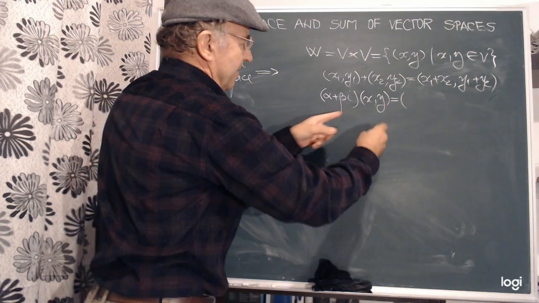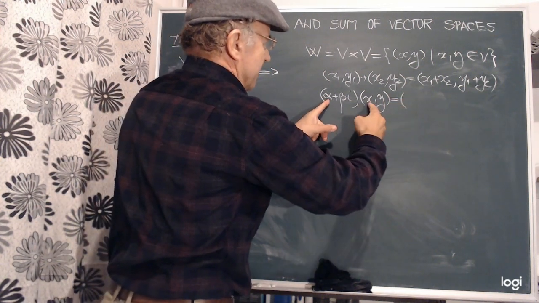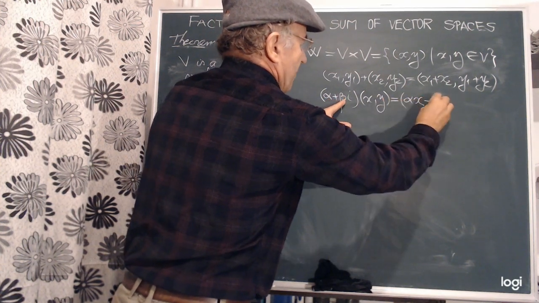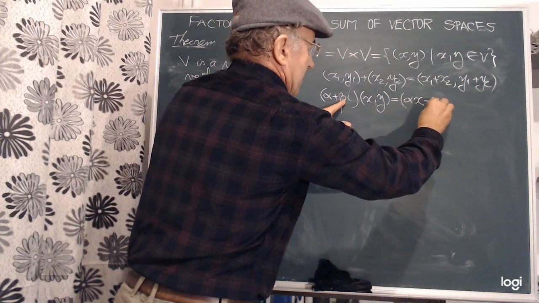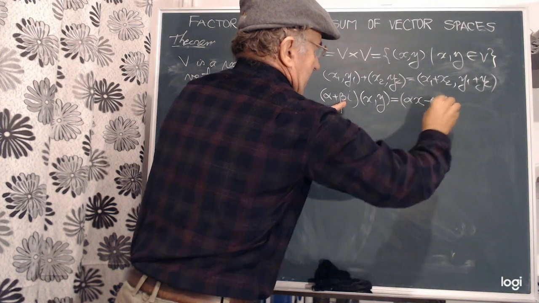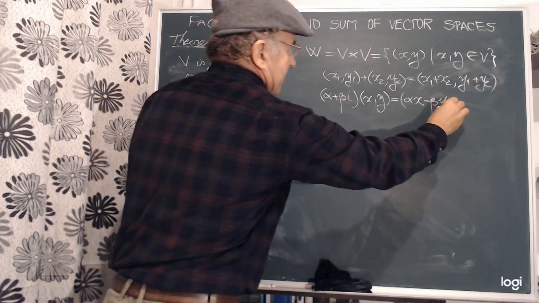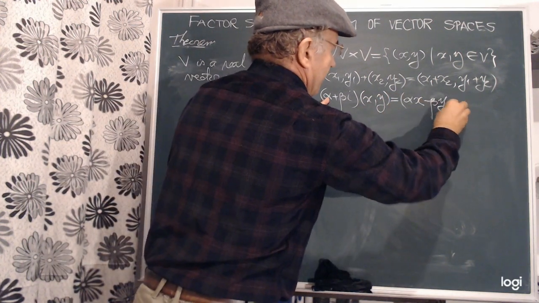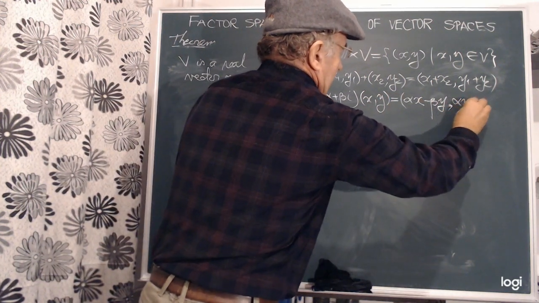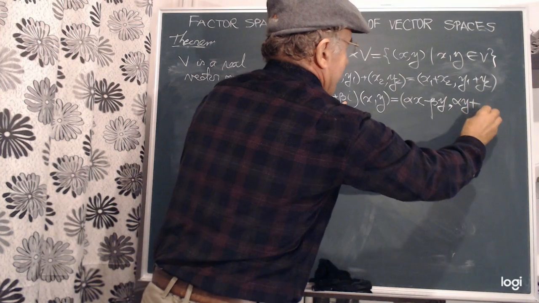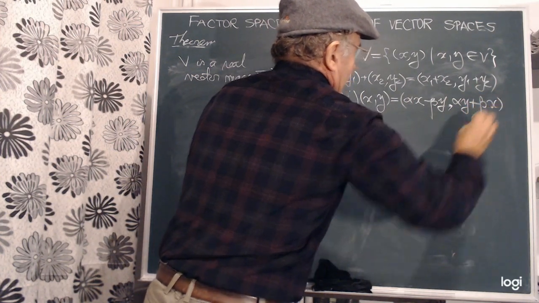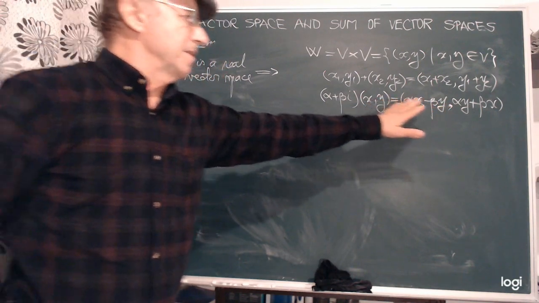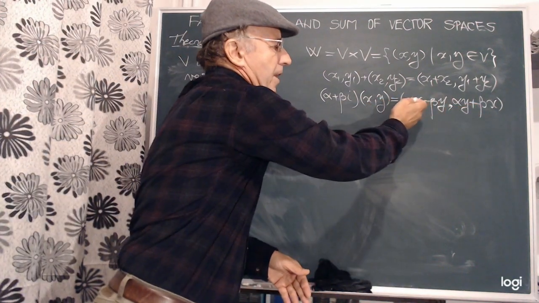The first component is alpha x minus beta y, and the second component is alpha y plus beta x. With the multiplication defined, this is well defined.